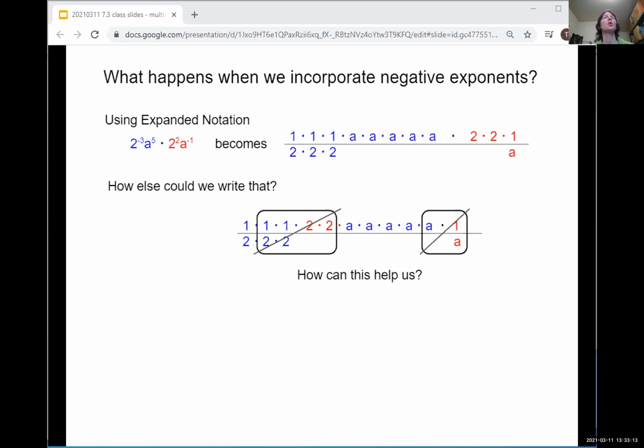Okay. So what stuff do you see that's left? Just the 1/2 and those 4 A's. So if you wanted to write that, how do you think you would go about writing it? I'm not quite sure. I think I would do 1/2 times A times A times A times A.